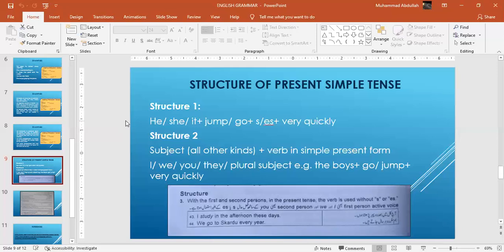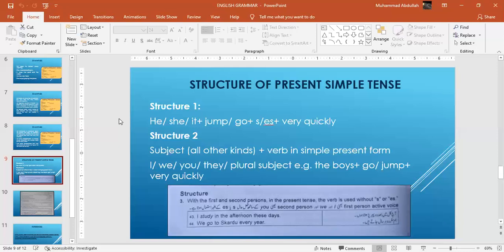And the structures of present simple tense are 2. Structure 1, that is subject plus first form or S form of verb plus object plus adverb, like very quickly. Okay. Structure 2, what does it say?